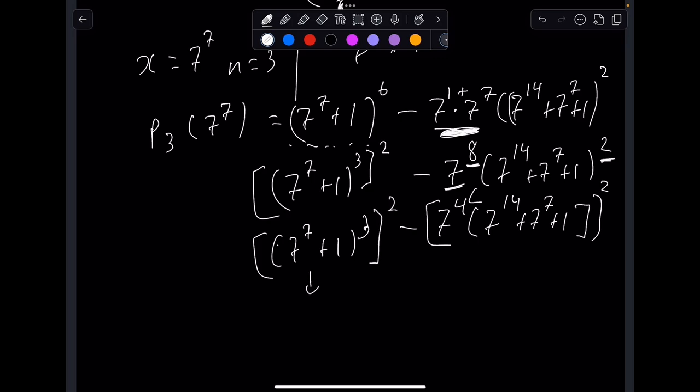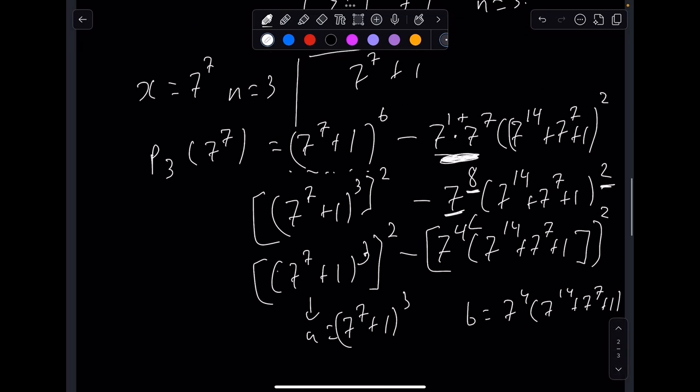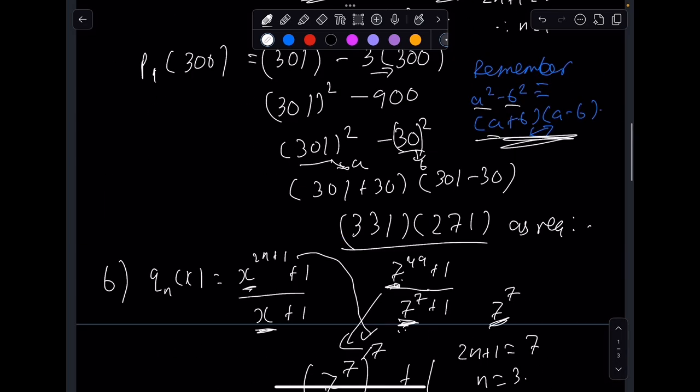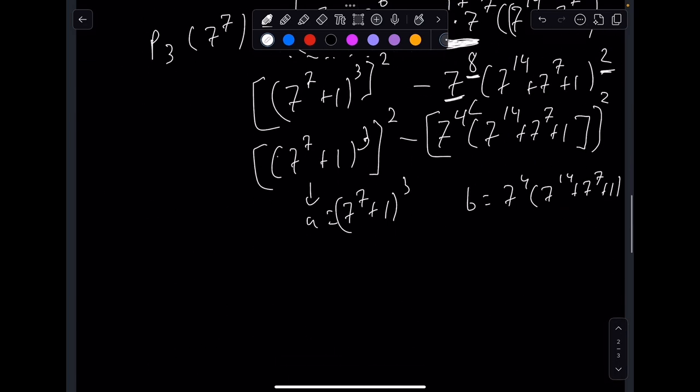So our a is 7 to the 7 plus 1 cubed, and our b is 7 to the 4, 7 to the 14 plus 7 to the 7 plus 1, right? So now remember, we can write this as a plus b, a minus b. So this is a, this is b.